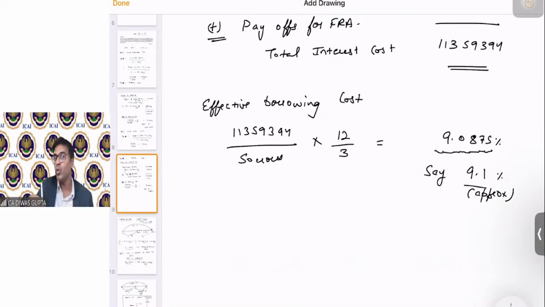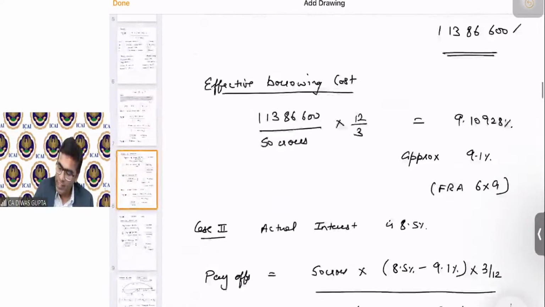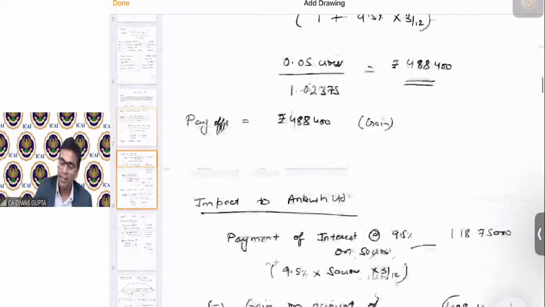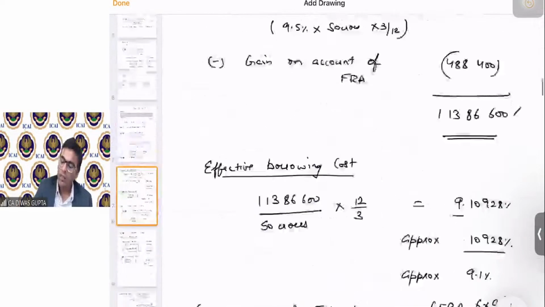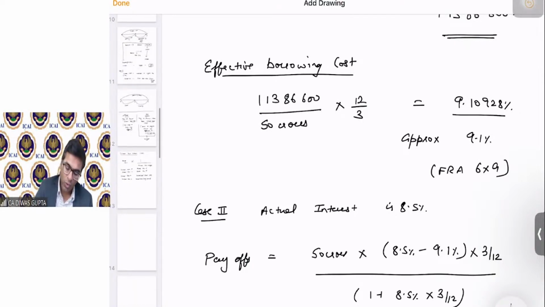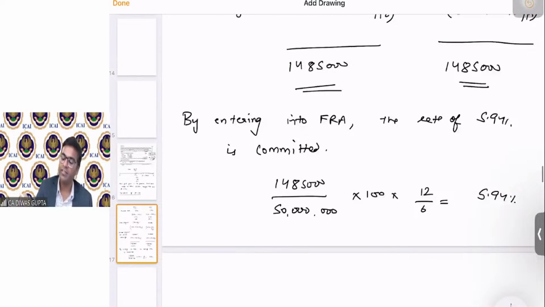But in the current question, it is exactly coming out to 5.94%. Similarly, in case one also it was 9.10928, again not exact 9.1. So what I'm trying to say is that in question number one, our effective interest rate was not equal to the FRA rate. However, in question number two, it is exactly equal to the FRA rate, 5.94.